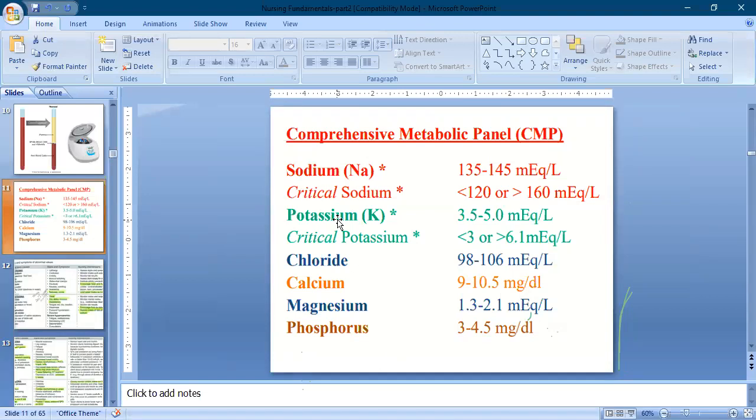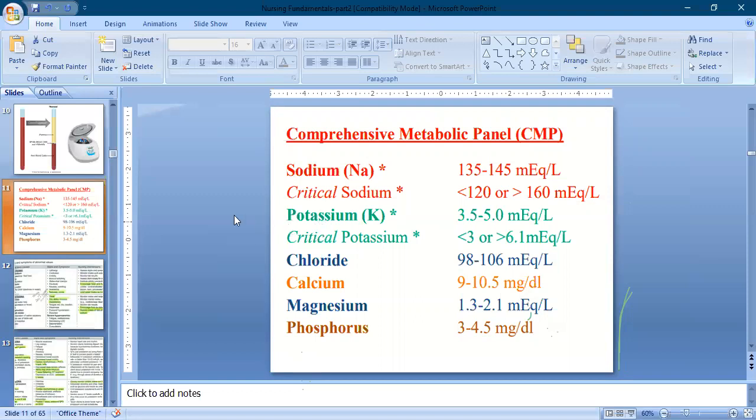What are their normal functions in the body? The normal function of potassium: they maintain the intracellular fluid. Also, they are an important component of nerve function, meaning nervous tissue. They regulate muscle and heart contraction, right?